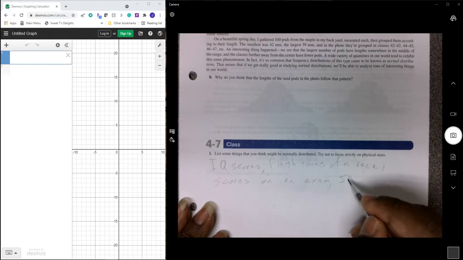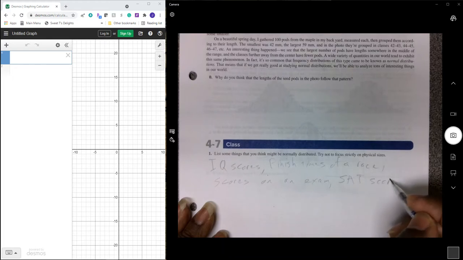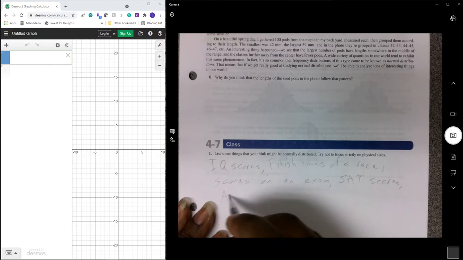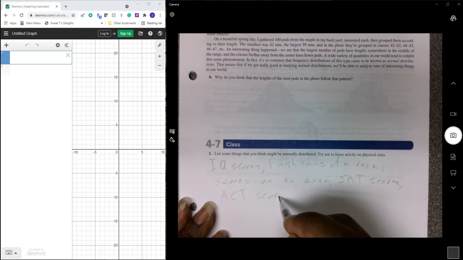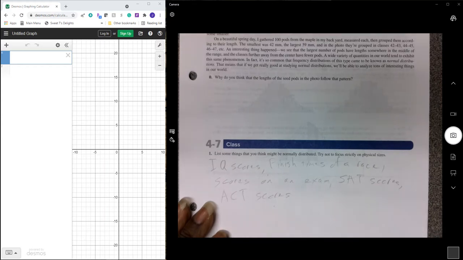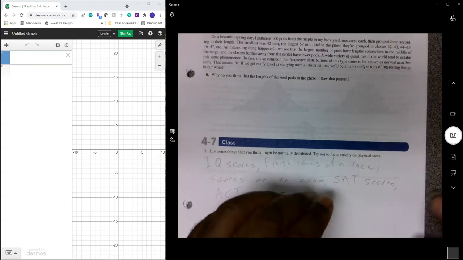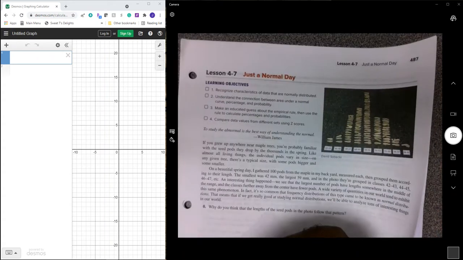And you can also do SAT scores and also ACT scores. Okay, now we move on to our next page.